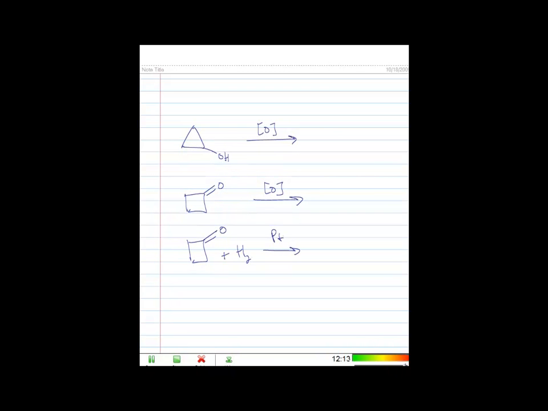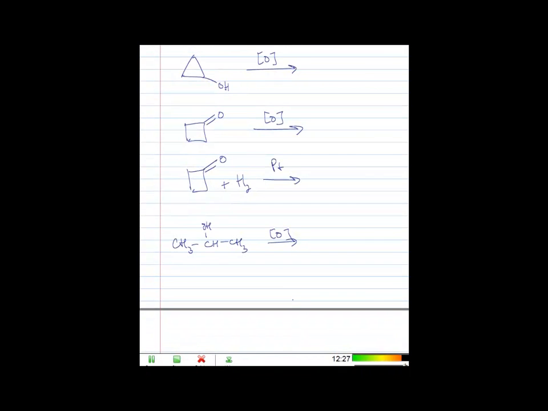What would my products be? Take this, oxidize it. What about this one? Can you oxidize that?